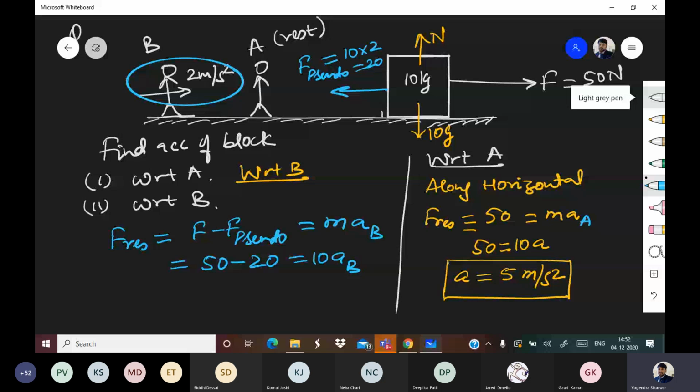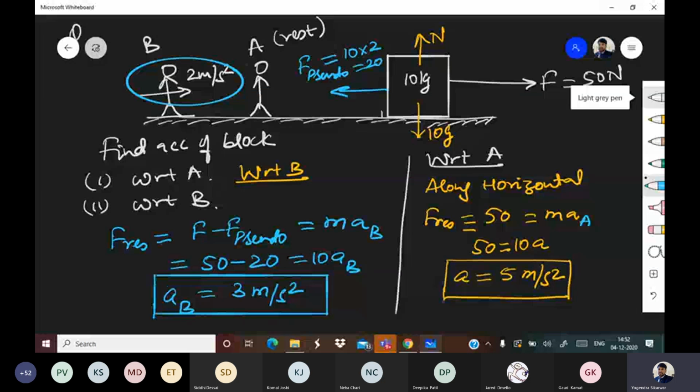A B comes out to be 50 minus 20 is 30, upon 10 will be 3 meters per second square. That is 3 meters per second square.